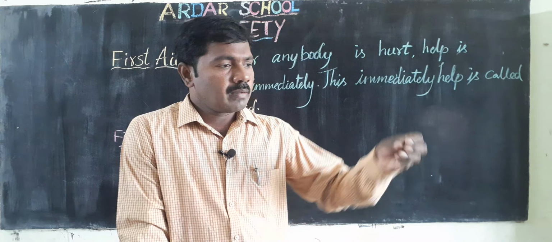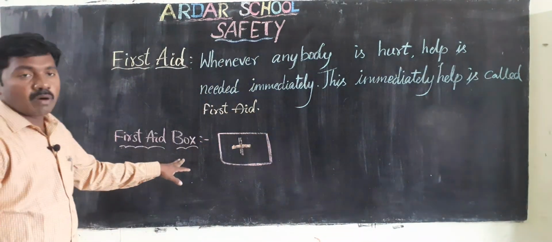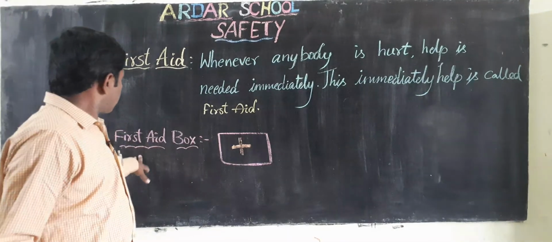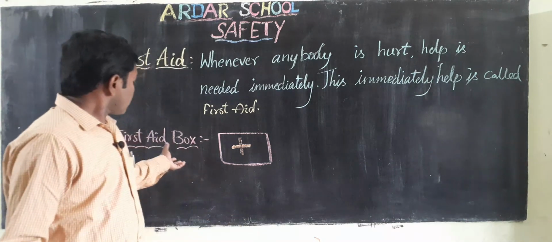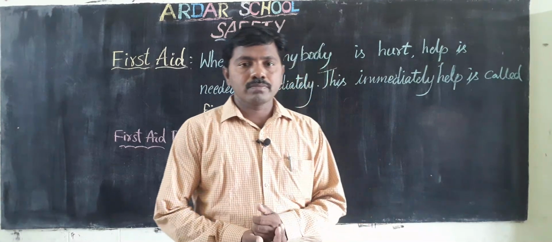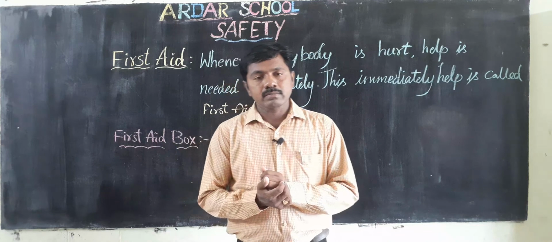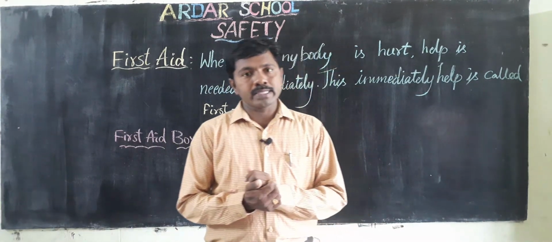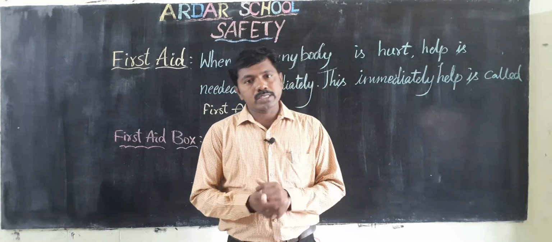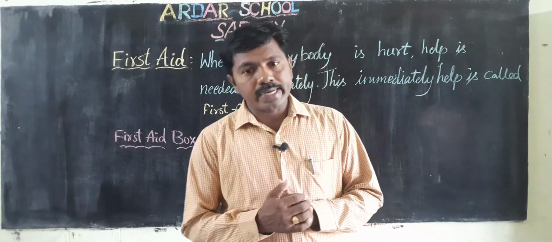That's why in any area, we need a first aid box. This first aid box has some equipment. What are they, do you know children? Bandages, scissors, ointments, antiseptic lotions, antiseptic creams, gloves, torchlights.